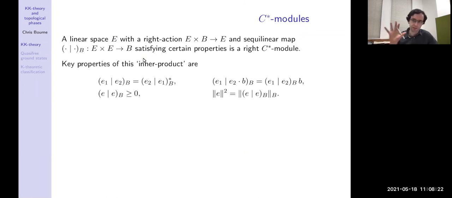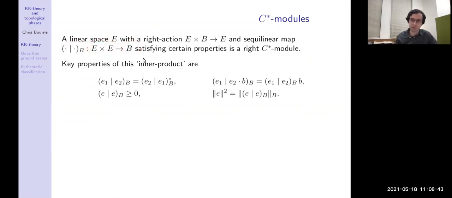We're only ever going to look at right modules. So we have a linear space and a right action of a C-star algebra B. And the other important point is that we need a B-valued inner product, so a sesquilinear pairing from the linear space to B.